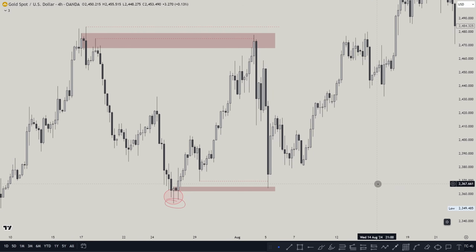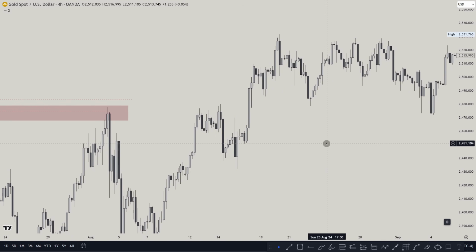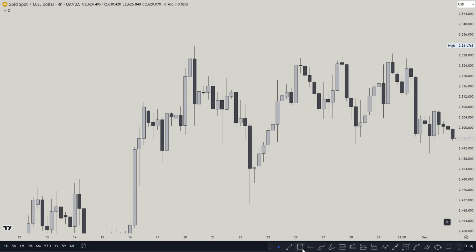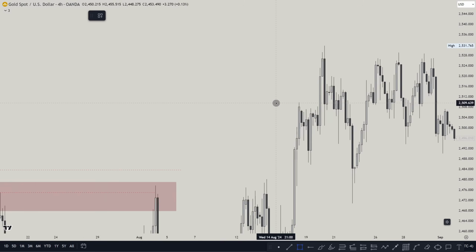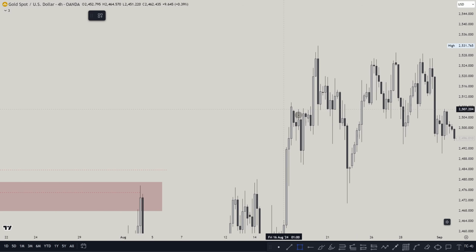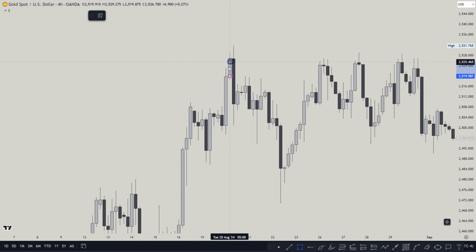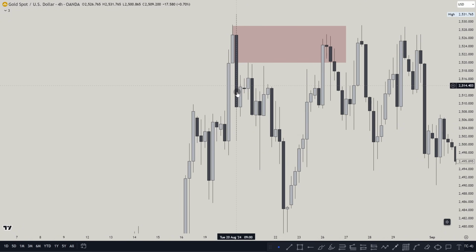Now you could see this happening all the time. You see here, what we have is this level here, where it actually does not take a liquidity level, I guess, because it was almost the all-time high. What we had is this order block, and then price coming to this order block. What happened here is a market structure shift to the lower side, and then this is your first pullback.